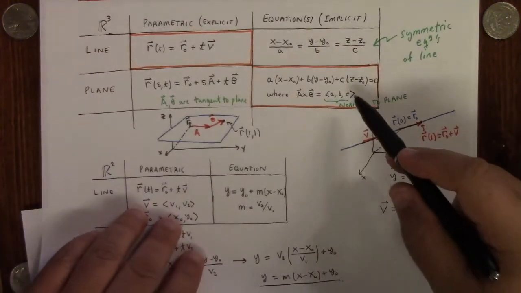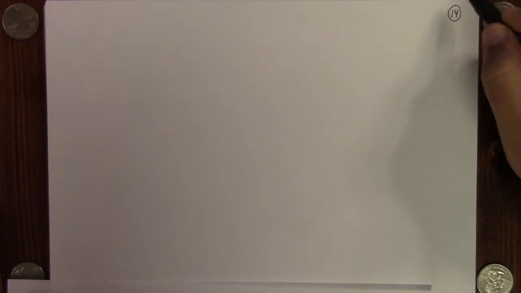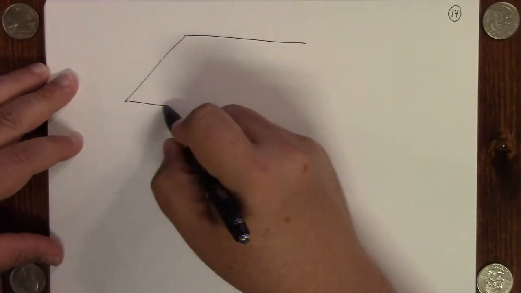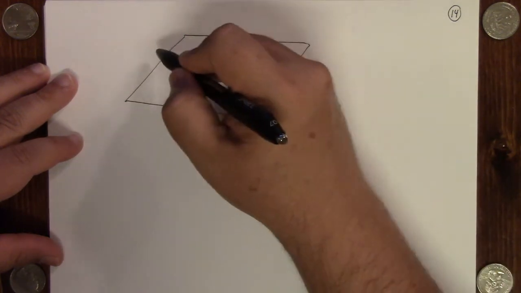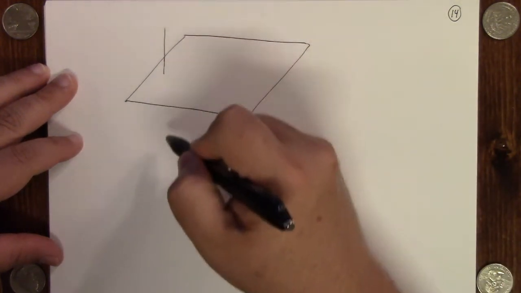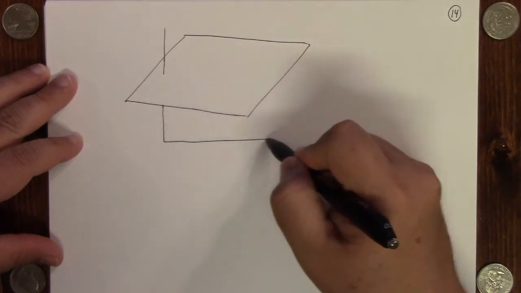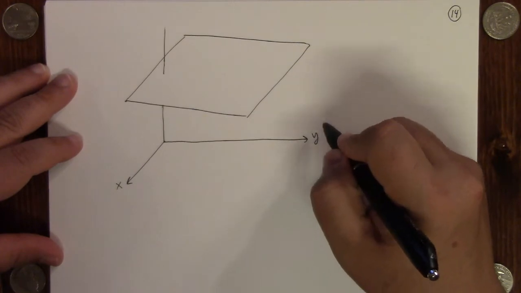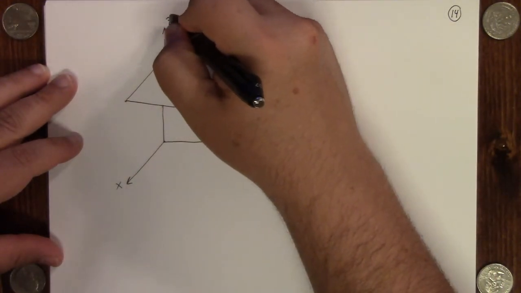Let's go back and try to take a deeper look at that formula, page 14 here. All right, so let's see if we can understand that formula and work an example or two here. So we've got some plane, right? Let's draw a picture of it like this. And I'll put the coordinate system down here. X, Y, Z, right?